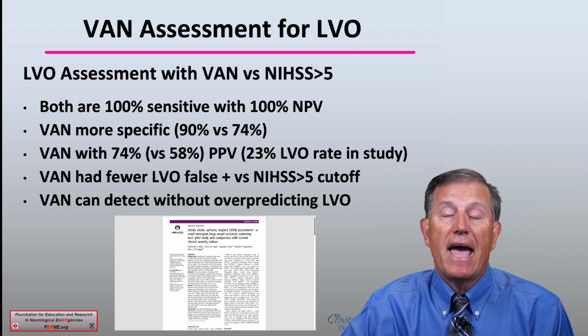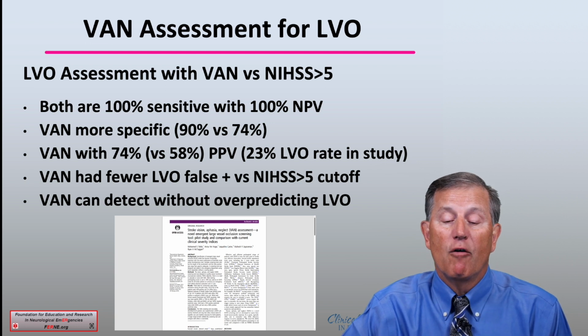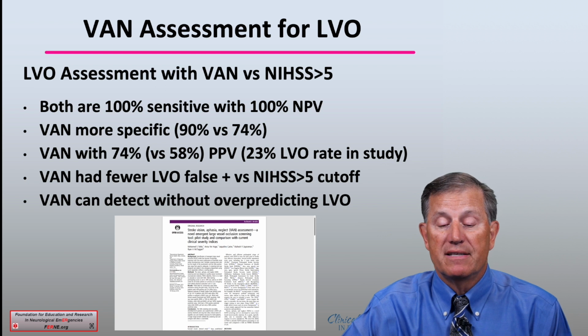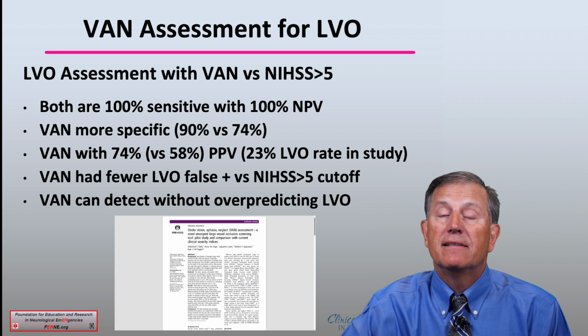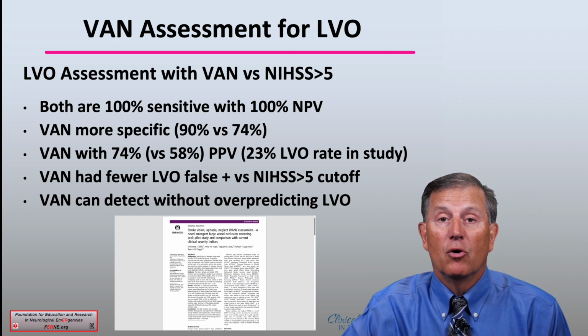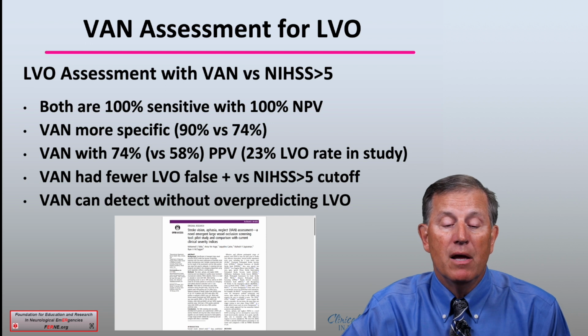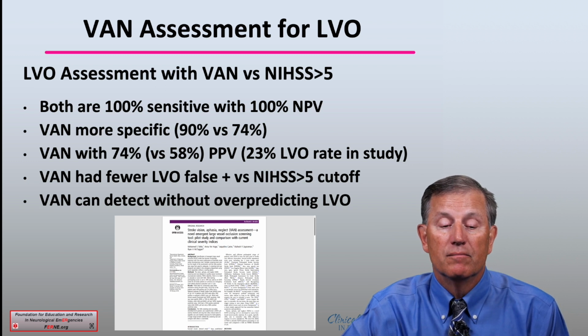In other words, VAN assessment had fewer LVO false positives versus this NIH stroke scale greater than 5 cutoff. And it does suggest that if you simply do a neuroanatomical clinical exam, VAN can detect the presence of an LVO without over-predicting the likely presence of an LVO.